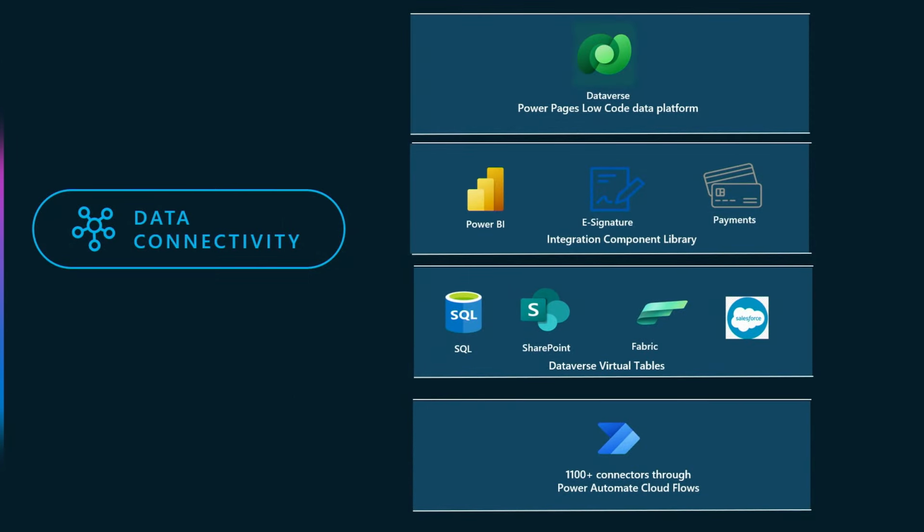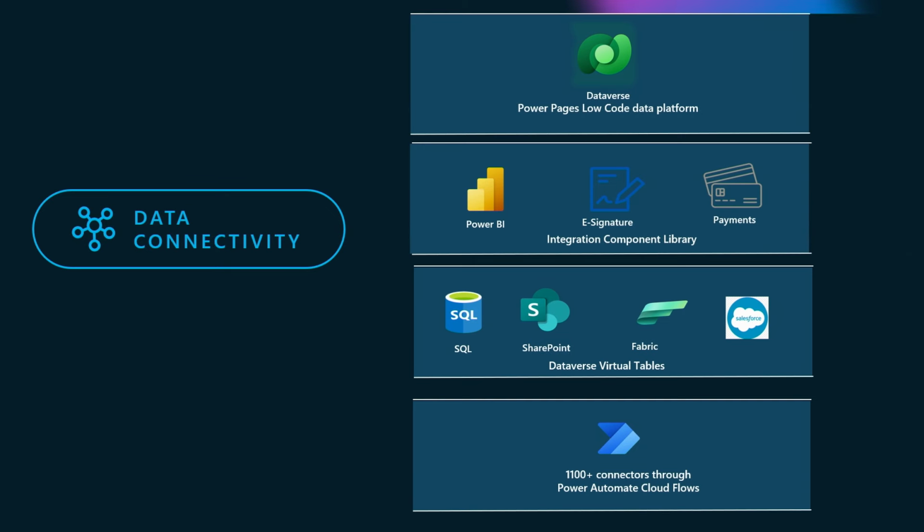Now, let's review how Power Pages offers a rich data connectivity story. Dataverse is the out-of-the-box business data store that Power Pages integrates with, providing a highly scalable and secure data foundation for storing structured and unstructured data and allowing implementation of custom business processes.